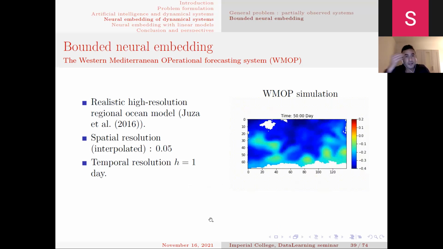We then tried this framework on a case study that involved sea level anomaly observations coming from the Western Mediterranean Operational Forecasting System, the WMOP, which is a realistic high resolution regional ocean model with a spatial resolution of an interpolated field of 0.05 degrees and a temporal resolution of 1 day.